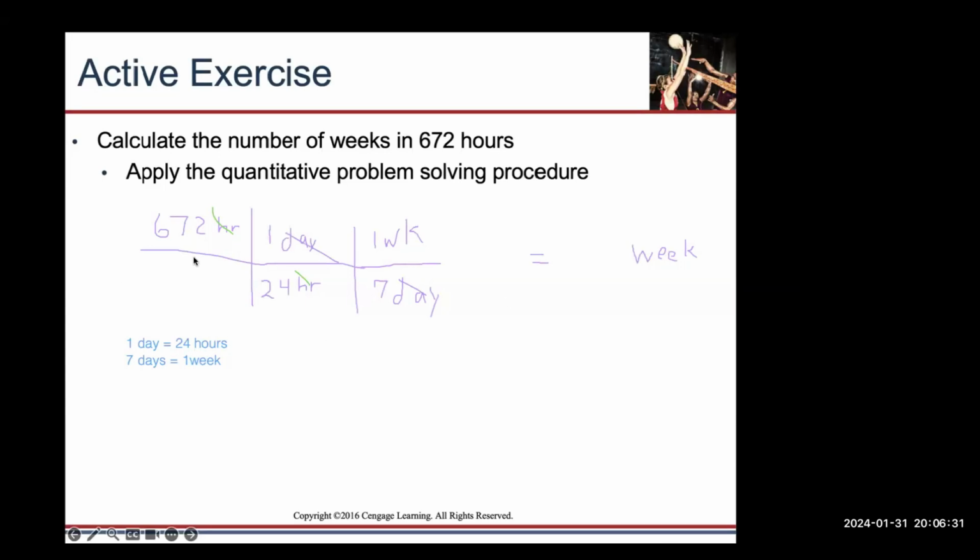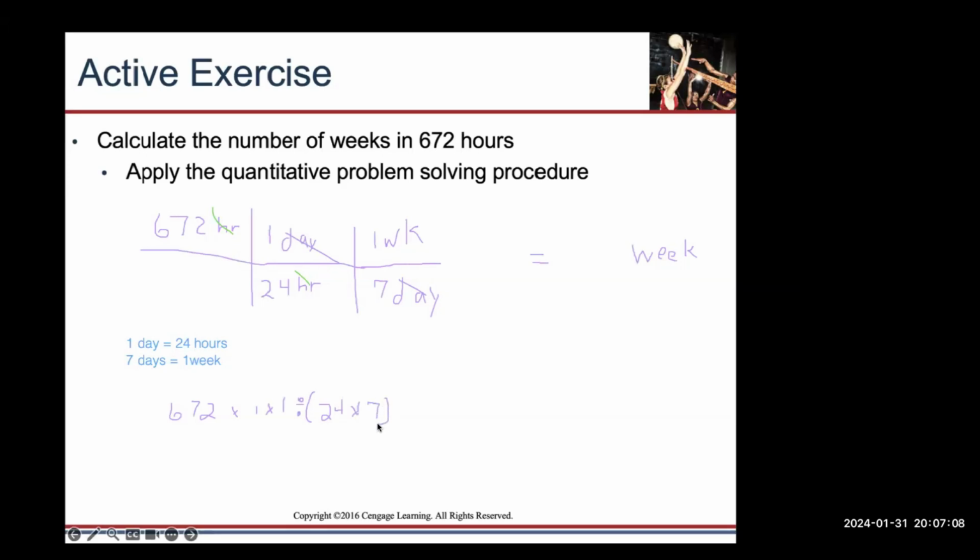So again, this line represents multiplication. This line represents division. So we're going to have 672 times 1 times 1. Then we're going to divide it by 24 times 7.